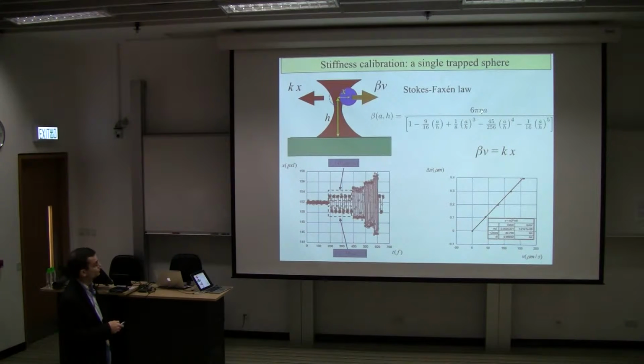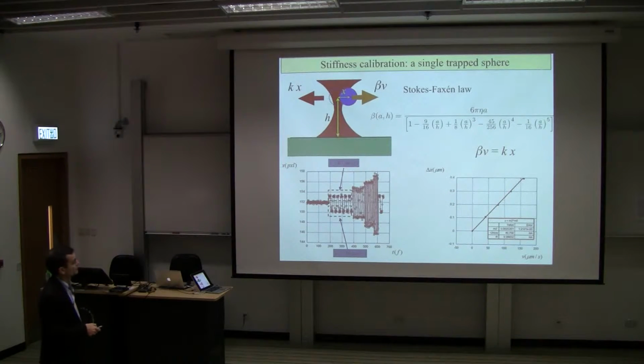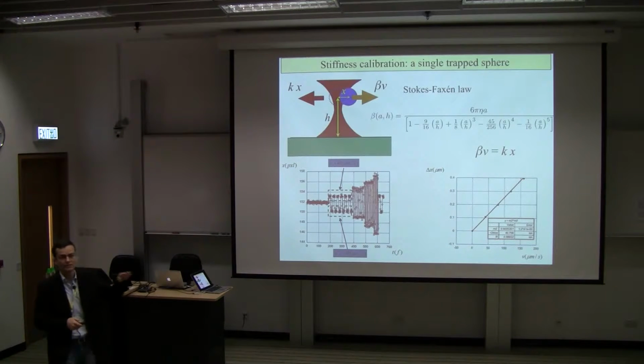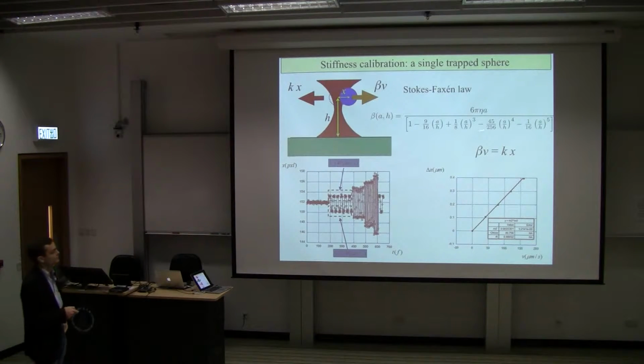Eta is the viscosity of water, of the liquid I'm using. A is the radius. And there is this correction due to the presence of the cover slip at the bottom. This is an exact result because we are in this regime of laminar flow of the fluid. So it's a simple regime from the theoretical point of view.